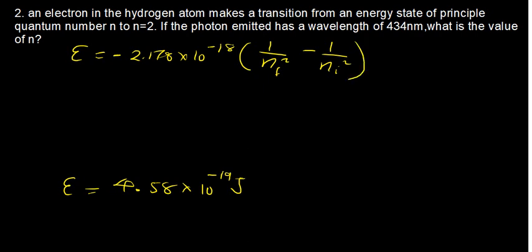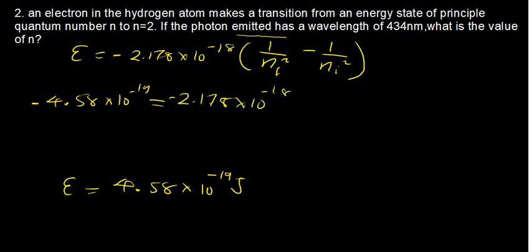Now because here the word is emitted, this word is telling us the energy was released. Now if the energy is released, we put a negative. So this energy that we have calculated was released, therefore it is negative 4.58 times 10 to the power negative 19. It should be equal to negative 2.178 times 10 to the power negative 18, open brackets, 1 over.